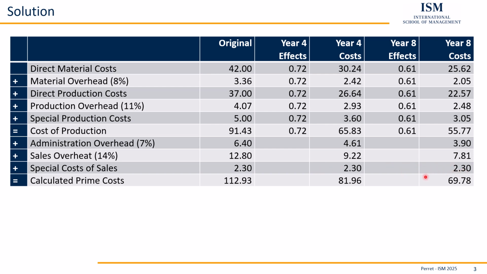So we get the new recalculated prime costs of 69.78 in year 8. And that's it for this exercise. So simply multiply all production costs with the factor, maybe recalculate overheads, and then recalculate prime costs.